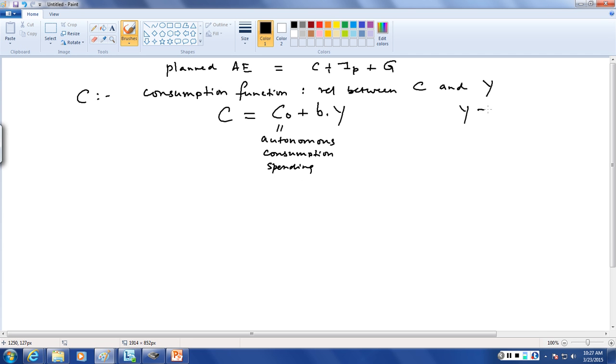So Y is output, but it is also the income of households, and we know this from what? We know this from the idea of the circular flow of income. Right? So this is our consumption function. Now, what is B? The slope of this function. Does anyone recall what that is?